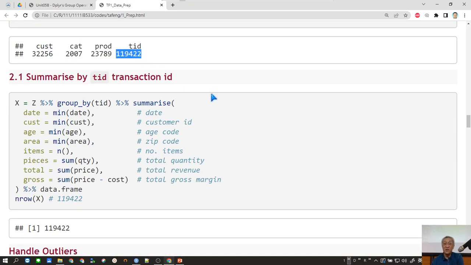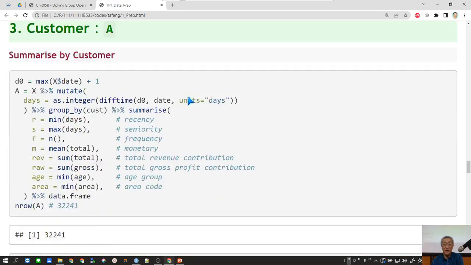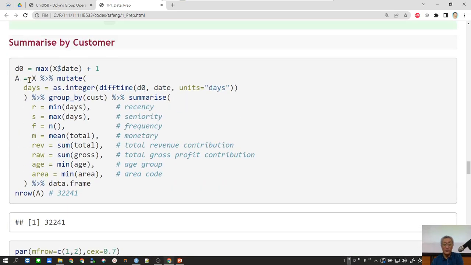So on average, every customer generates about 4 transactions. So from X, again, we want to do a group by. We group by customer, and then, again, we summarize this RFM.